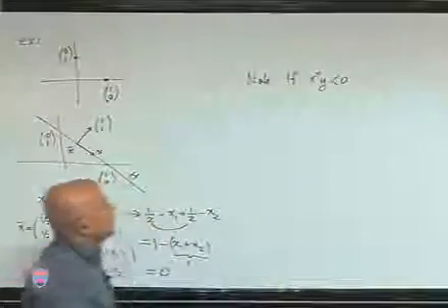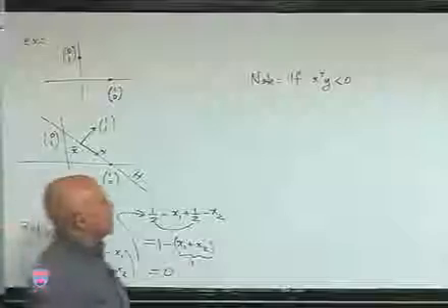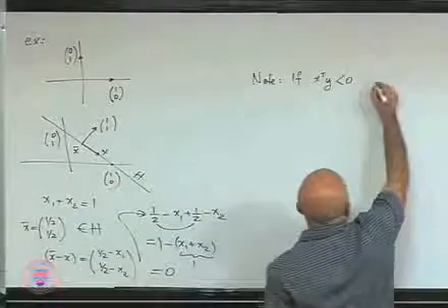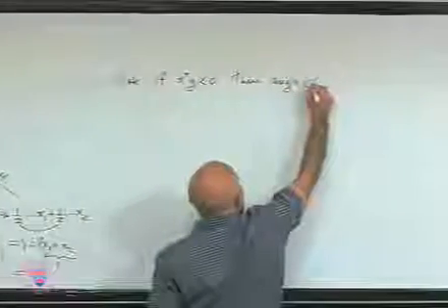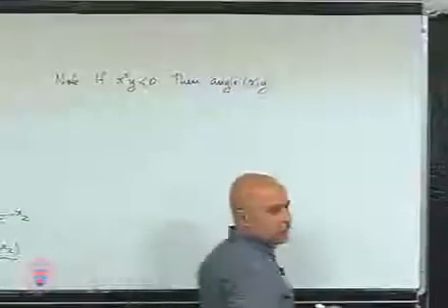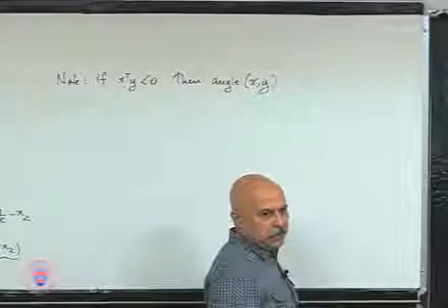If the dot product between 2 points x and y is less than 0, then the angle between x and y is greater than 90 degrees.